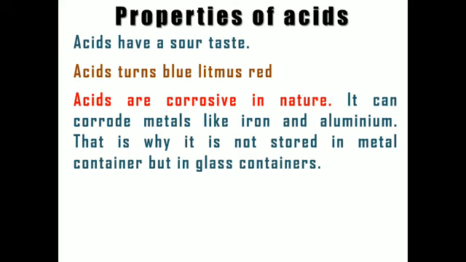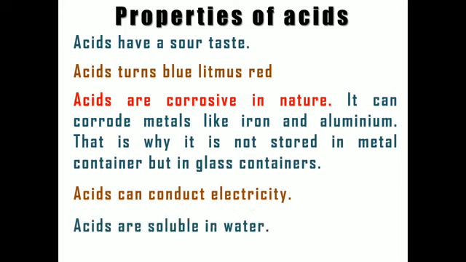We do not use a metal container, otherwise it will react with the metal and the container will be spoiled. Similarly, acids can conduct electricity. This is also an important property of acid. And acids are soluble in water. So these are the various properties of acid.